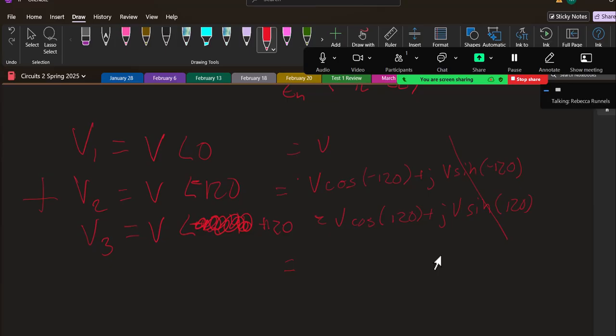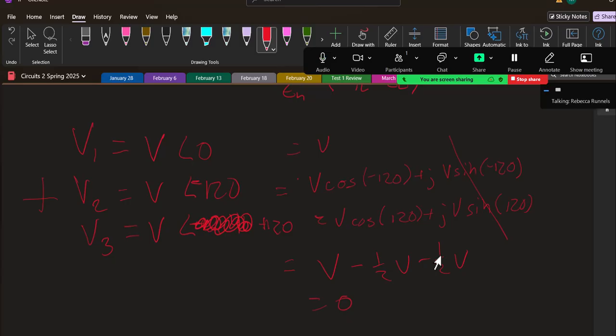Negative half. So if I add these three together, I get V minus a half V minus a half V, which is 0. So if you have a balanced network, the sum of the voltages is 0.